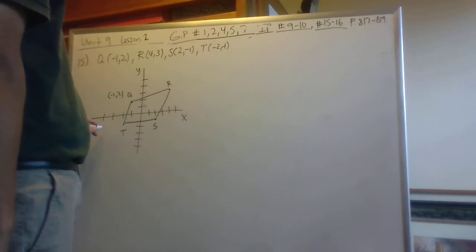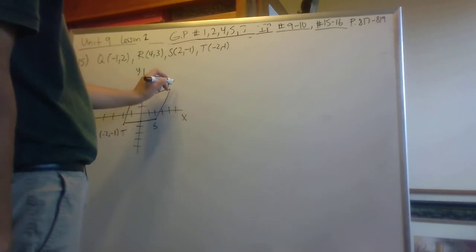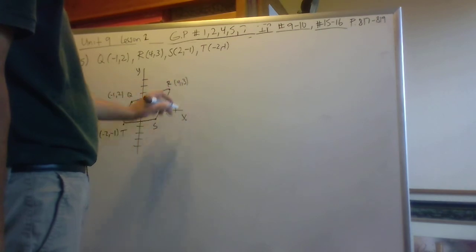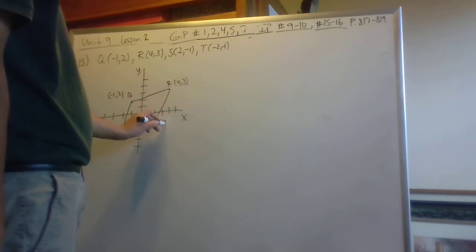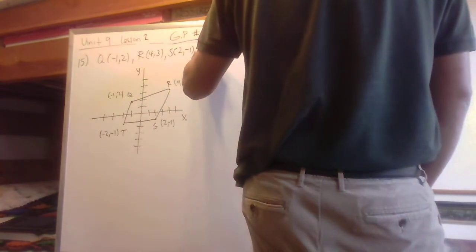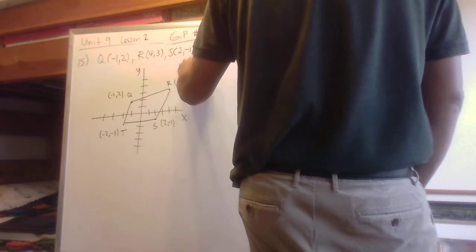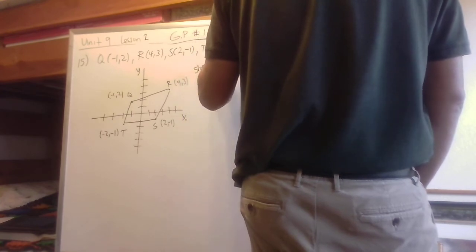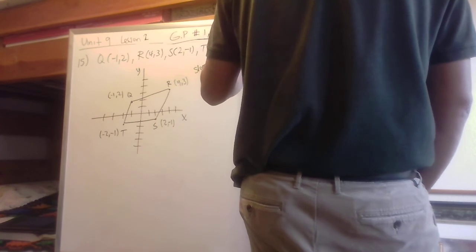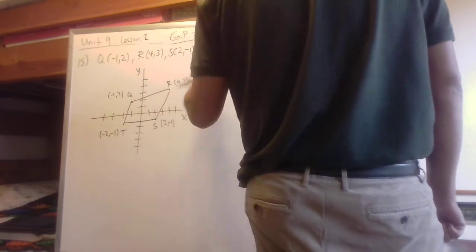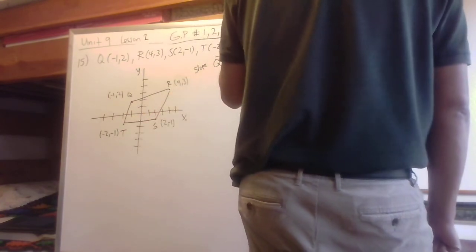At T, we have -2, -1. R is at 4 and 3. And S is at 2 and -1. So we're going to find the slope of QR, and we want to see if it's equal again to the slope of the opposite side, TS or ST.